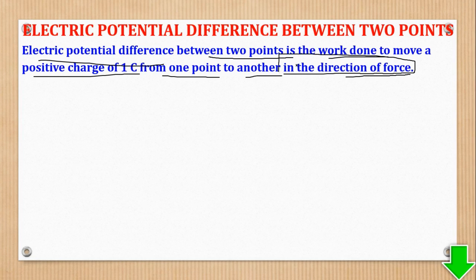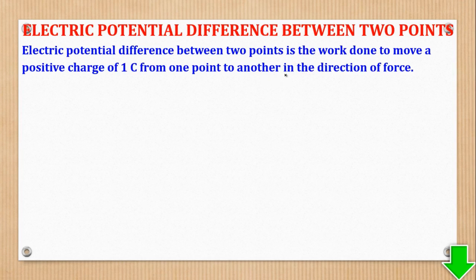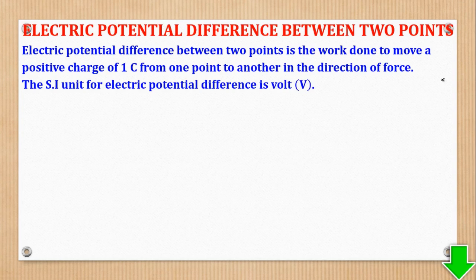It is no longer against. So you should know that for electric potential it was against the direction of force, but here it is in the direction of force. Those definitions are very vital because they are also examinable. Previously in electric potential, it was supposed to be moved from infinity to another point. But when it is potential difference, it is just moved from point to point within the electric field. And the SI unit for electric potential difference, the same as that for electric potential, is the volt.